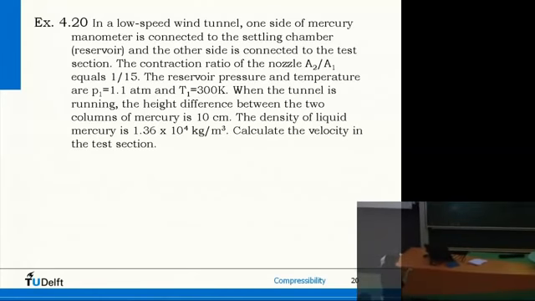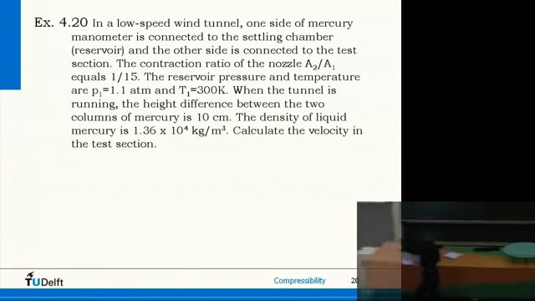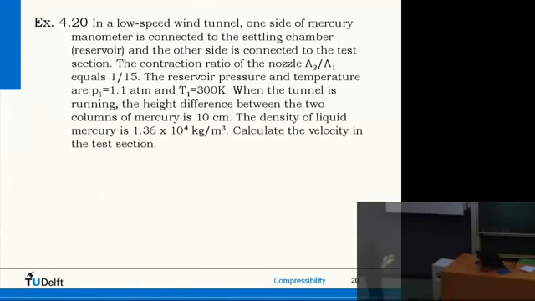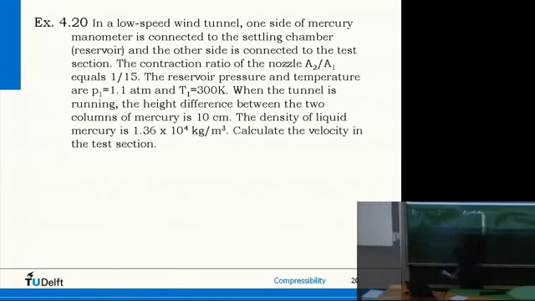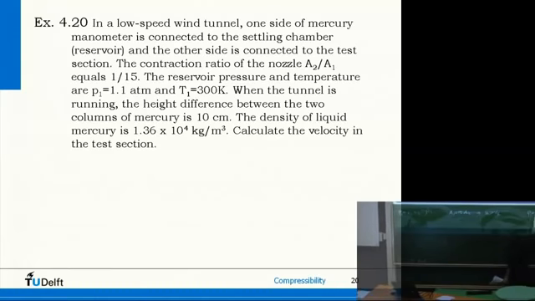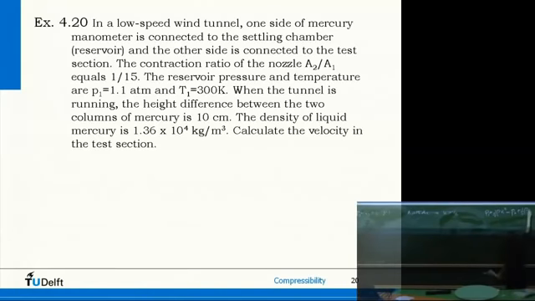So area 1 is 15 times larger than area 2. So area 1 is the large area, area 2 is the small area. So area 1, large area, low speed. And then with incompressible flow, we decrease the area, the speed increases, right? So area 1 is the large area, so what I use is A1 is 15 A2, so V2 is larger than V1, and then in Bernoulli, of course, P1 plus half rho V1 squared equals P2 plus half rho V2 squared.